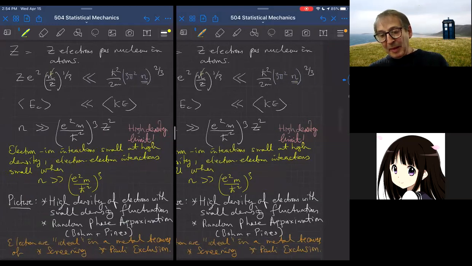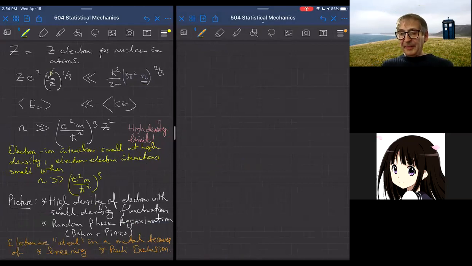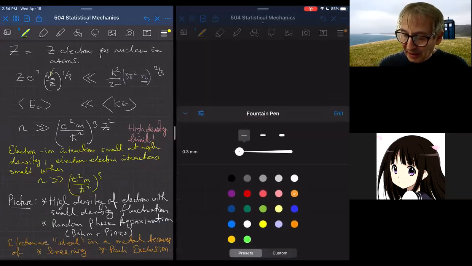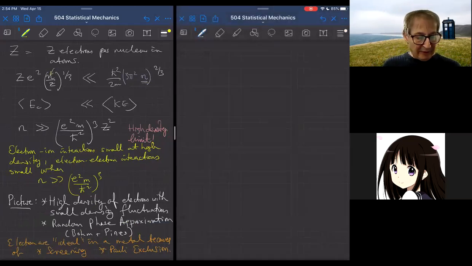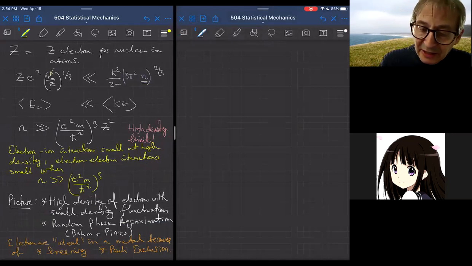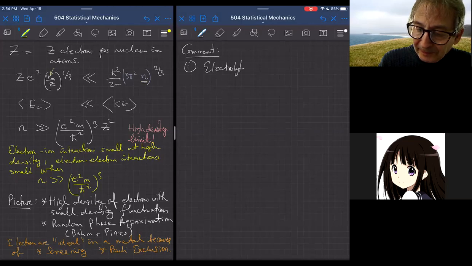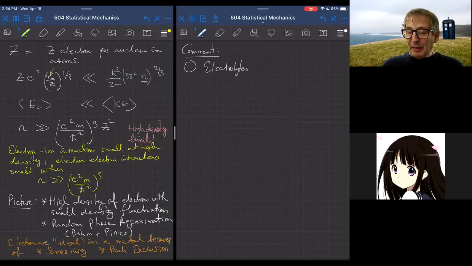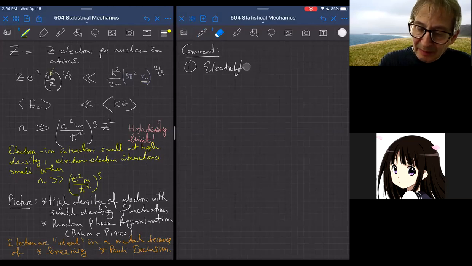So some of you may have heard of the idea of a quasi-particle. Let me just say roughly what that is. Let's go back to our picture of screening.